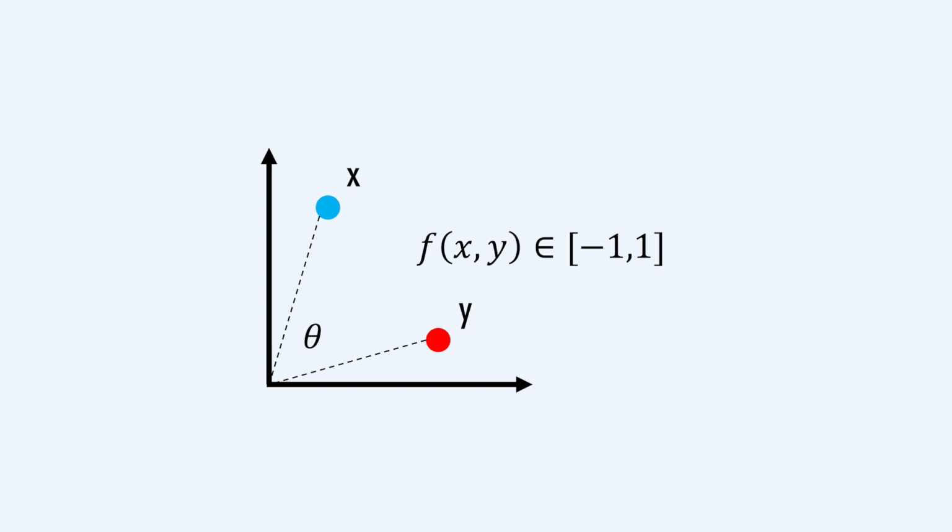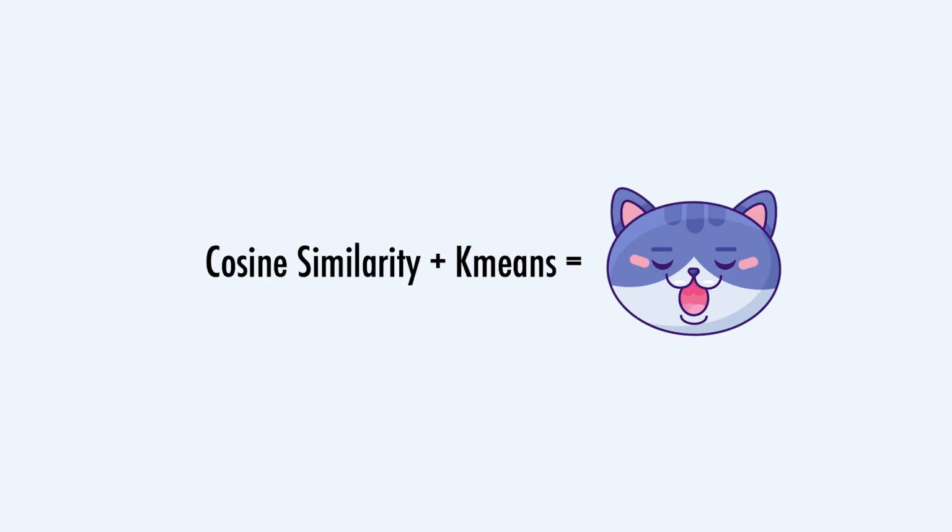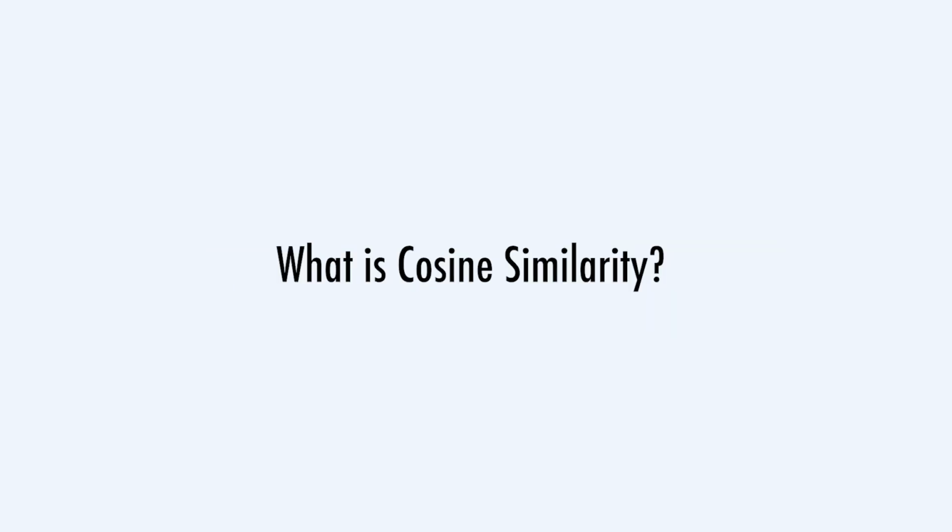Lastly, I think it is interesting to point out that there is one distance measure that can be converted to the Euclidean distance, and that is the cosine distance. This distance function works in such a way that if you use this measure in conjunction with K-means, you ought to get similar results. But what is cosine similarity?